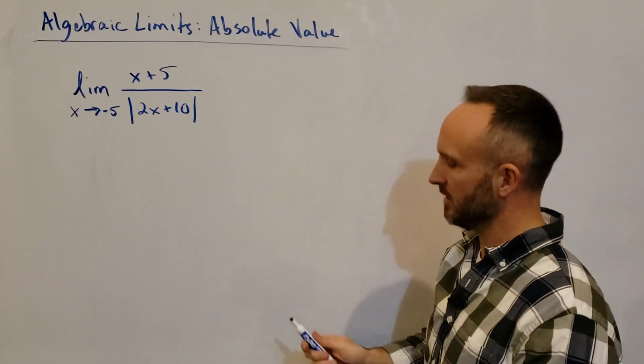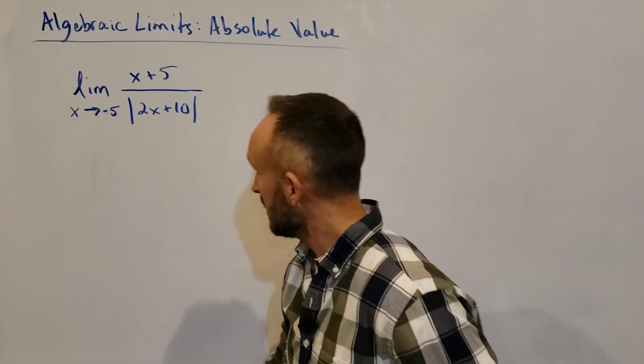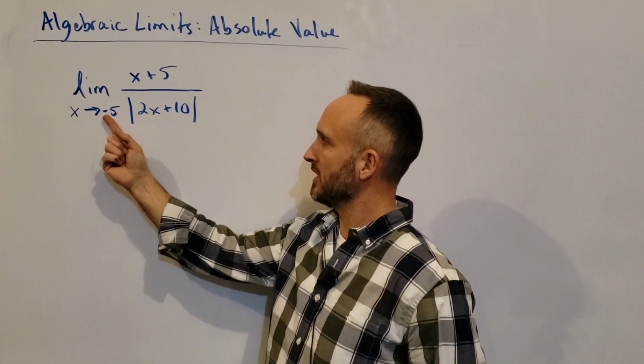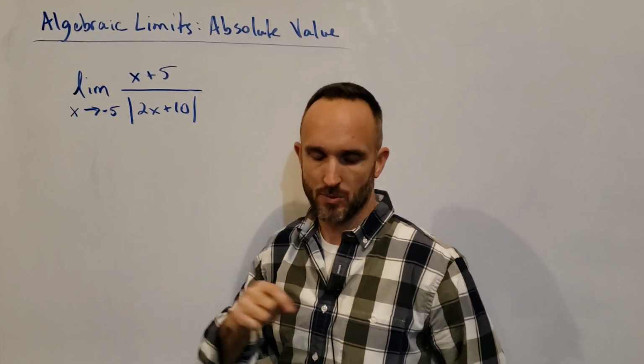Consider that limit. Now, the key is you can't use direct substitution because if you plug negative 5 in for x, your denominator is 0.